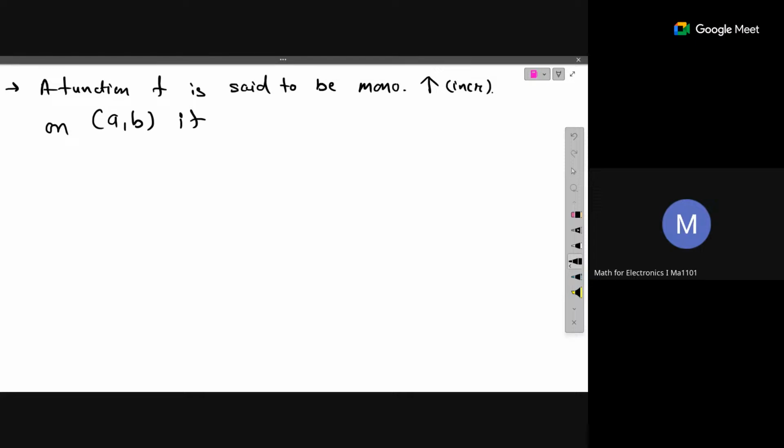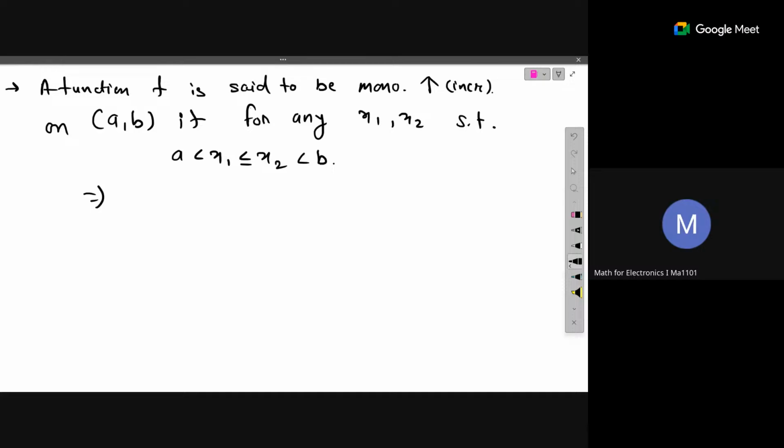If you choose any two numbers in this interval, that means for any x1, x2 lying in this interval with the additional condition that x1 is less than or equal to x2, so that a is less than x1, less than or equal to x2, less than b, then our function preserves this inequality.